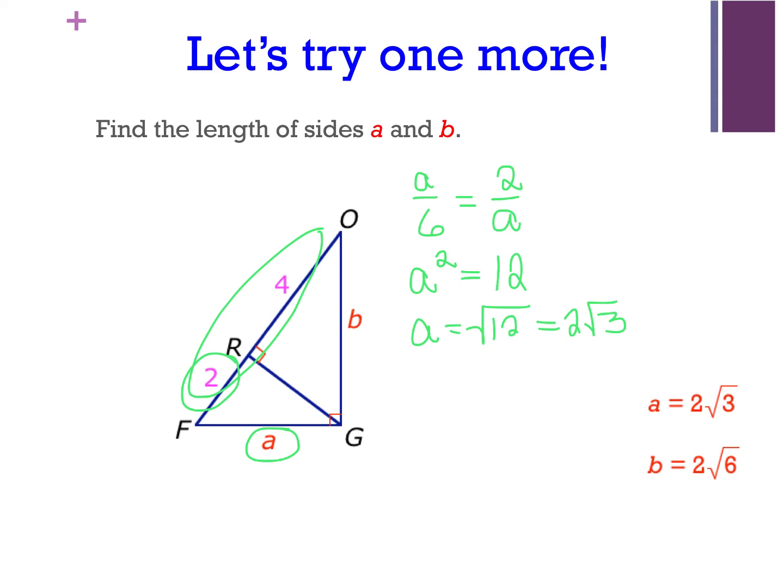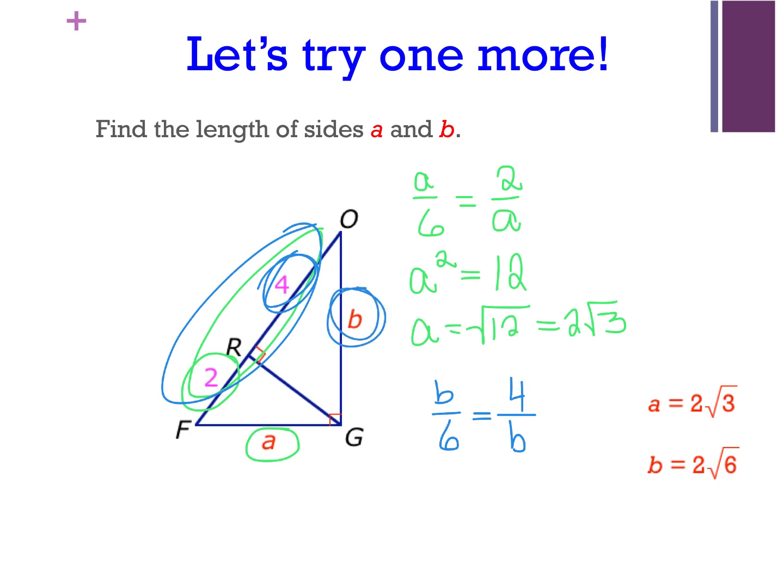And then B is the leg, so it's the geometric mean, meaning it's going to appear twice across from each other, of the entire hypotenuse. The entire hypotenuse is still 6, and the piece of the hypotenuse next to that leg, so 4. 4 is next to B, 2 is adjacent to A. All right, so now let's cross multiply.